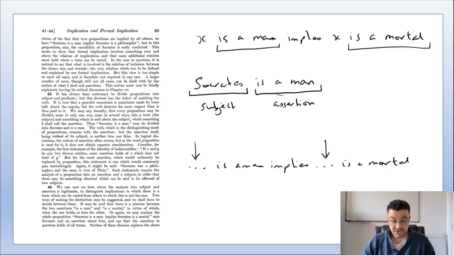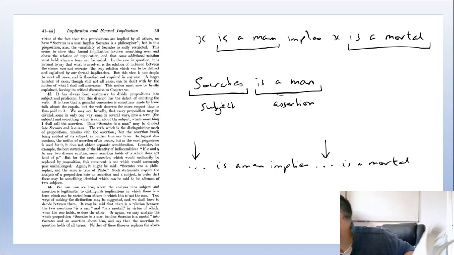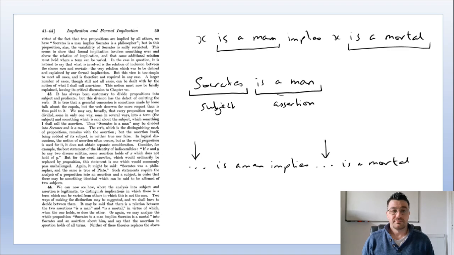The second theory appears objectionable on the ground that the suggested analysis of "Socrates is a man implies Socrates is a mortal" seems scarcely possible. What are we going to take as the assertion here in "x is a man implies x is a mortal"?